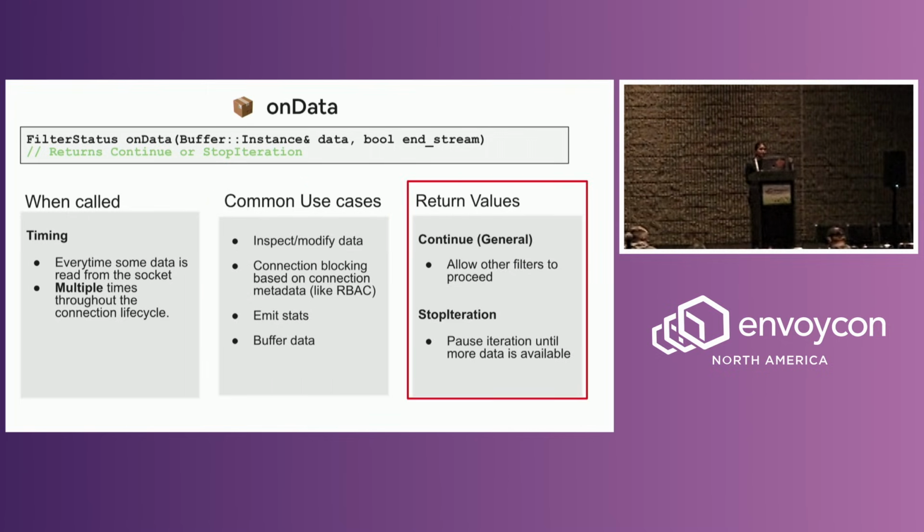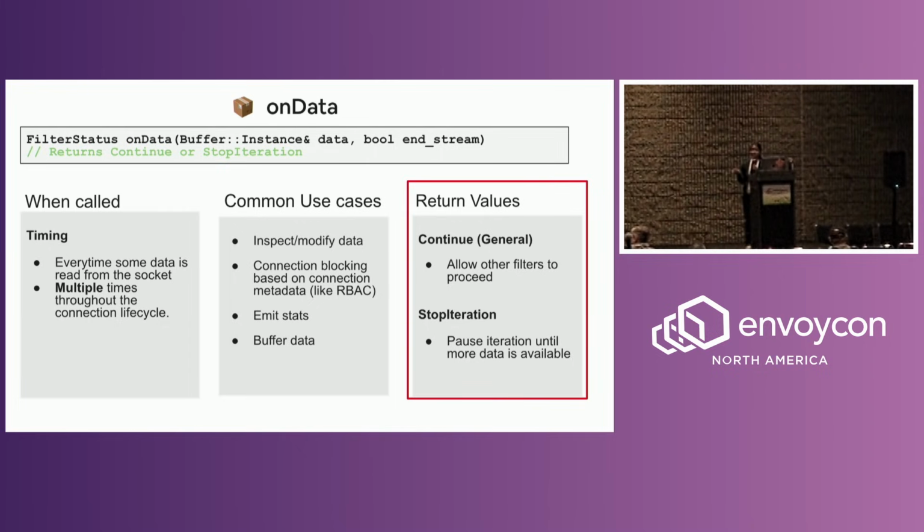And same as the on new connection, the on data returns the same two values, continue or stop iteration. For example, if in the Postgres proxy filter, you need to analyze the first 10 bytes of data and only 4 bytes have arrived so far, you can return stop iteration, meaning that you want to wait for more data to arrive.